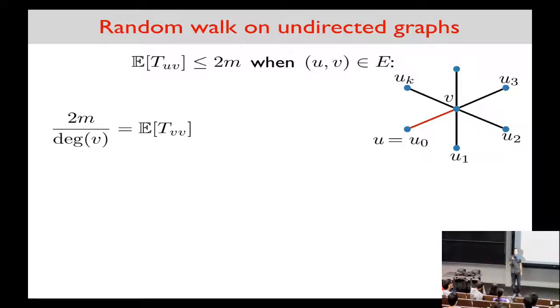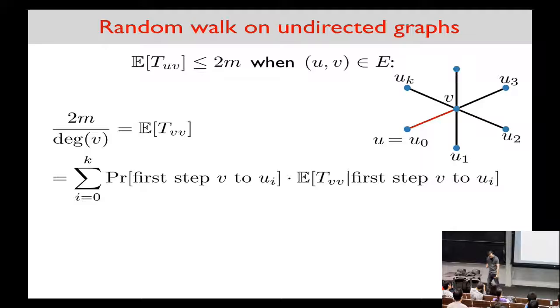When you start from V, with 1 over degree of V chance, I'm going to take the red edge to U. Once I take that edge to U, to come back to V, I have to go from U to V. So conditioned on the event that in the first step I take this edge V to U, the time it takes to come back to V will be 1, that edge, plus the time it will take to go from U to V.